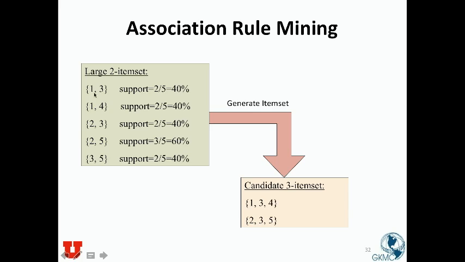Since we cannot duplicate, the 2 would appear only once in the new set, and the other elements from these 2 sets will be included. That becomes 2, 3, 4. And this will also be merged into 2, 3, 5. And we will not do 1, 3, 5, because eventually we'll know that they will also not be large. And that's the beauty of doing this sorting, and it can increase efficiency too.